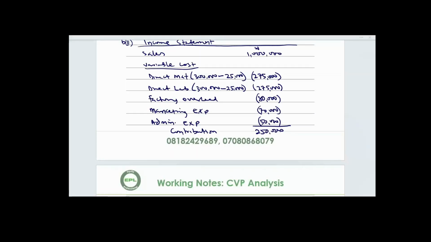Now, in the C part of the requirements, the examiner is asking you that management accounting has an important role to play in decision making. Discuss these statements, explaining the concepts which may be relevant and enumerate types of decision to which they may be applied.